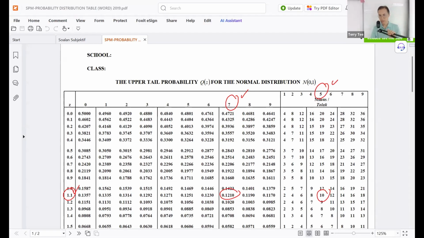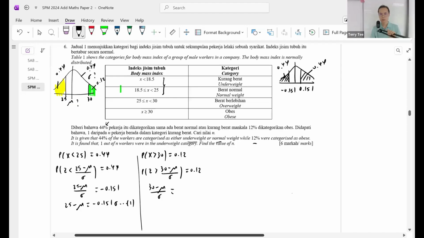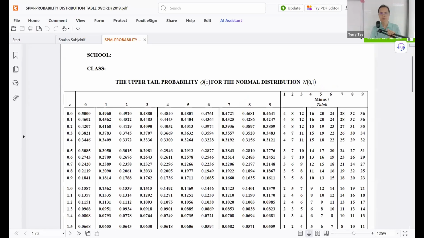That's how you read. Remember to subtract 10 from the last digit. 1.175. Okay, so let's move on. So just multiply this up. 30 minus mu is 1.171. Did I just say 1.171? 1.175. Yeah, 75, not 71.